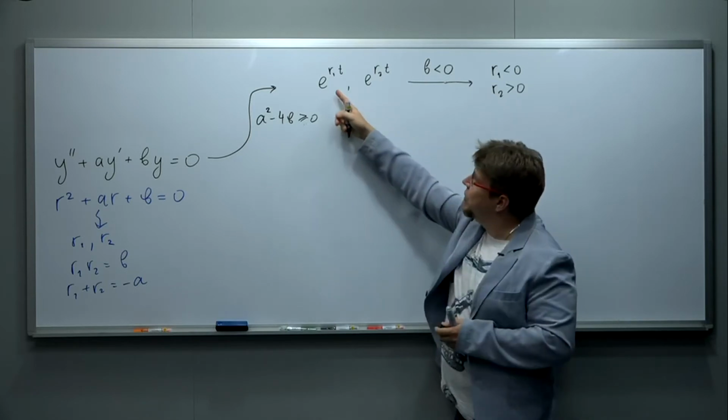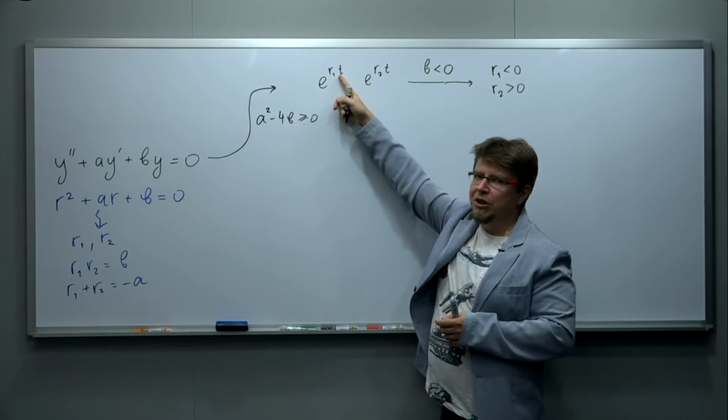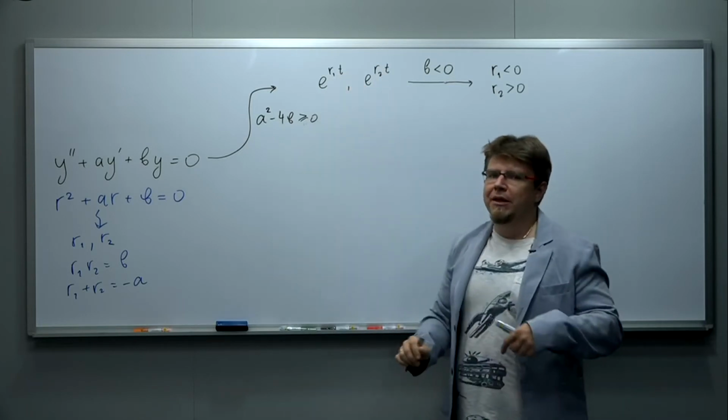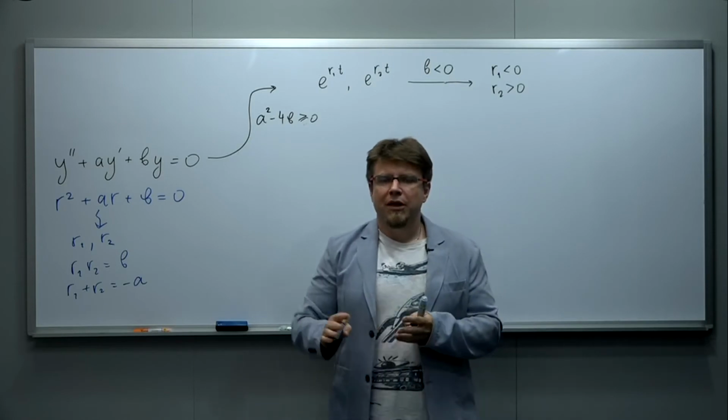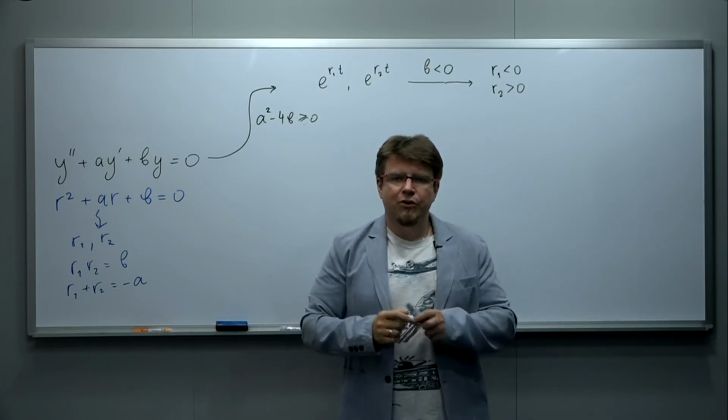Then the general solution looks like a combination of an exponential function with a negative exponent and one with a positive exponent. Of course, it means that most solutions approach plus or minus infinity when t goes to infinity.